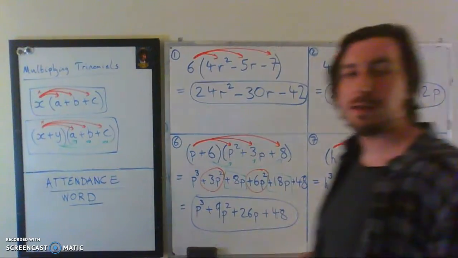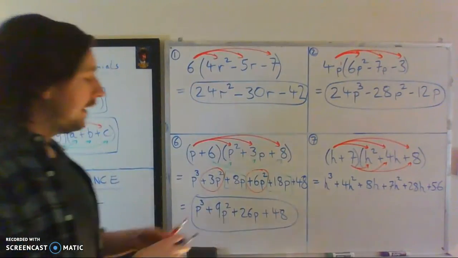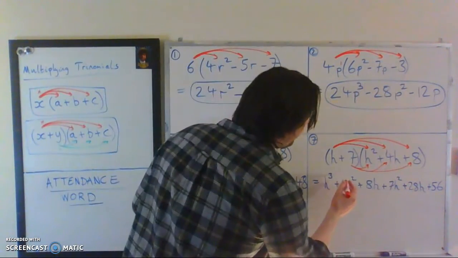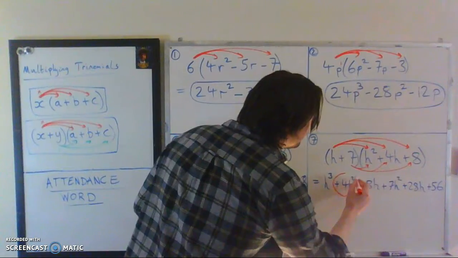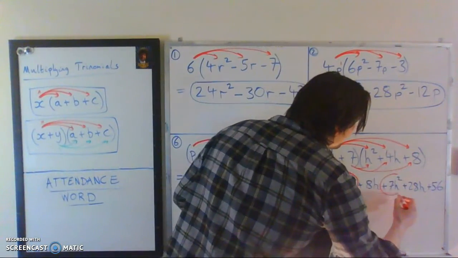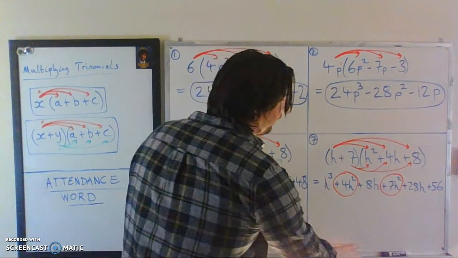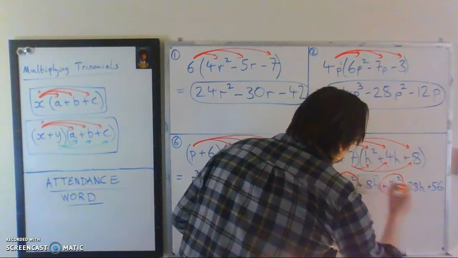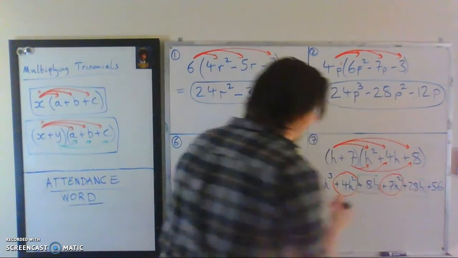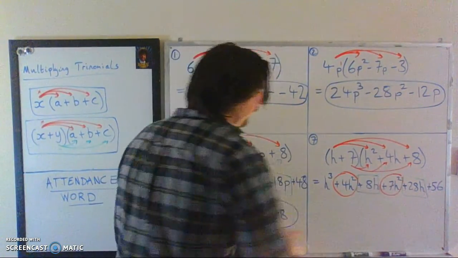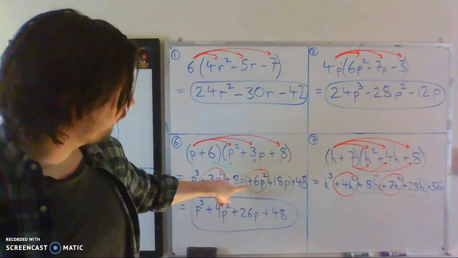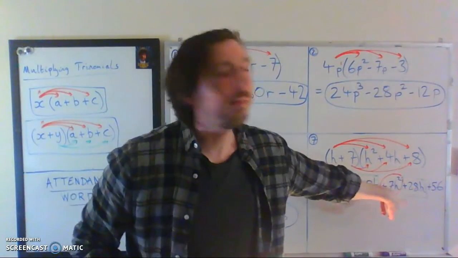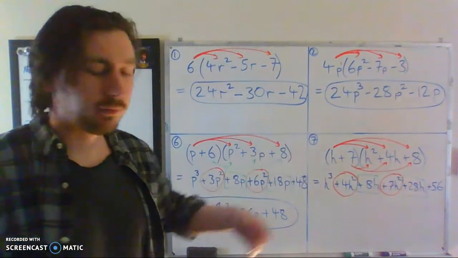If you can do that, you're doing good. If you can then put together the similar powers, you're doing great. It's going to be like this. You see how it's like 2 red, 2 green, 2 red, 2 green? That's how it's going to work out for these questions.